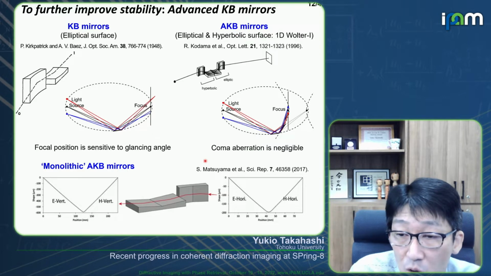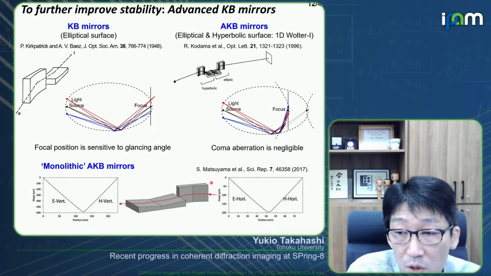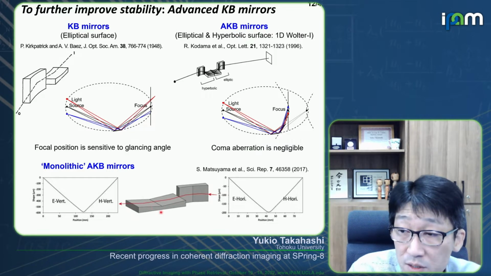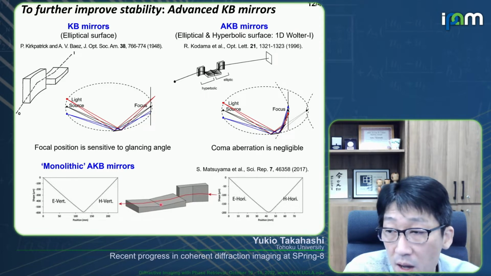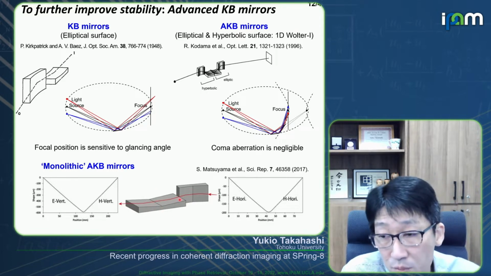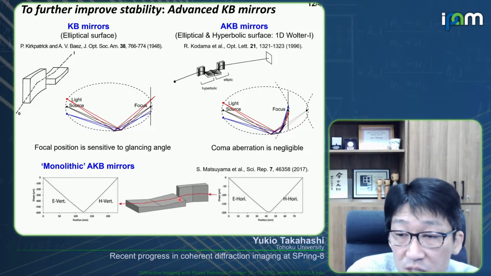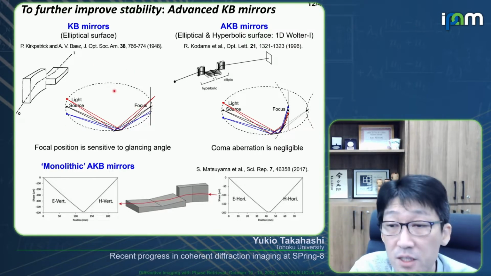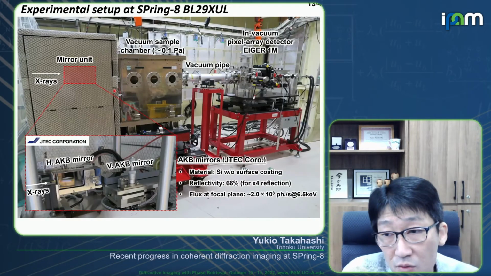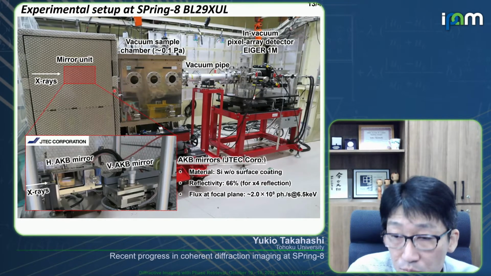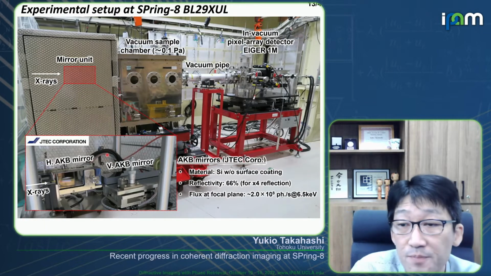Professor Matsuyama of Nagoya University has developed monolithic advanced KB mirror optics, which has an elliptical and hyperbolic surface shape formed on a single substrate, so it can be focused with the same procedure as conventional KB mirror optics. Here is the appearance of our recent ptychography apparatus with advanced KB mirror optics at SPring-8.